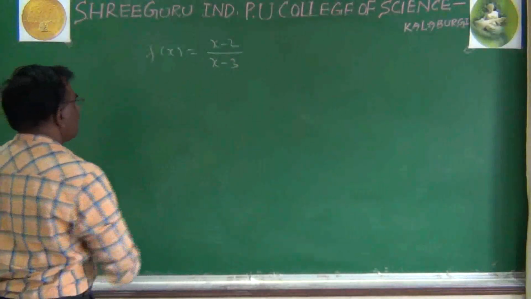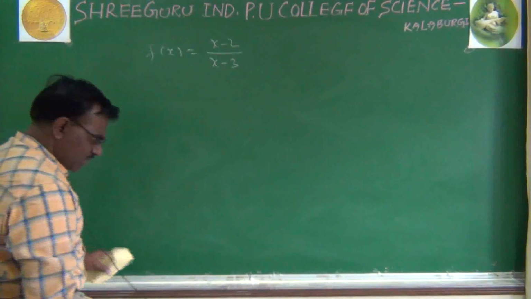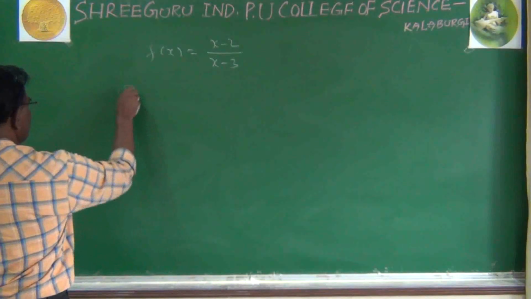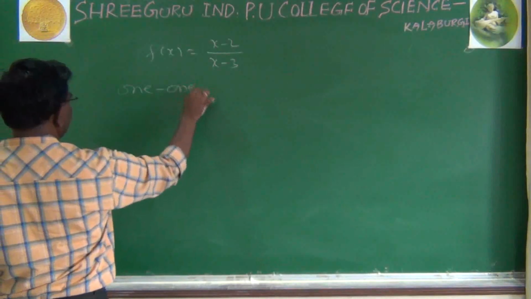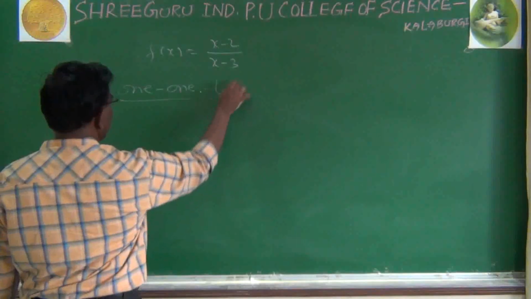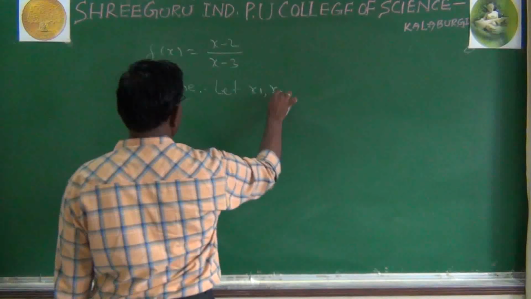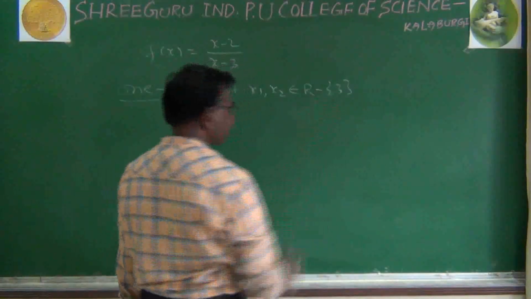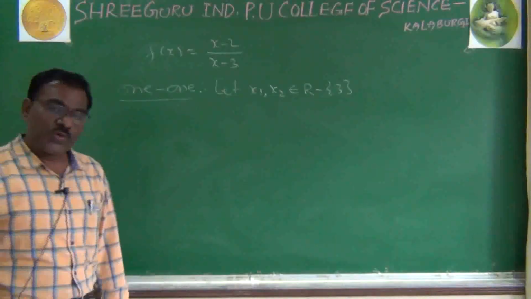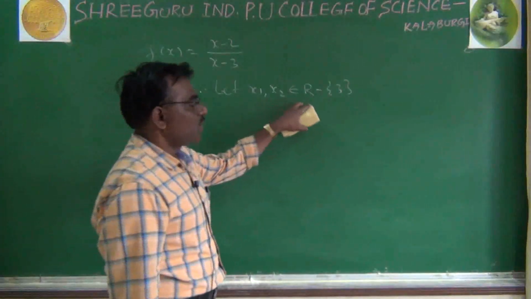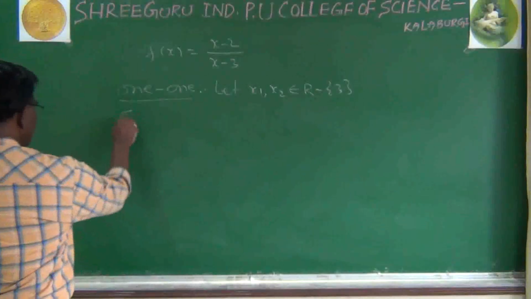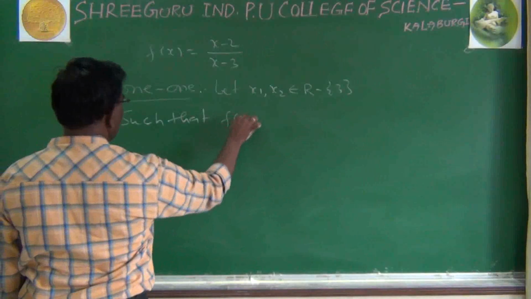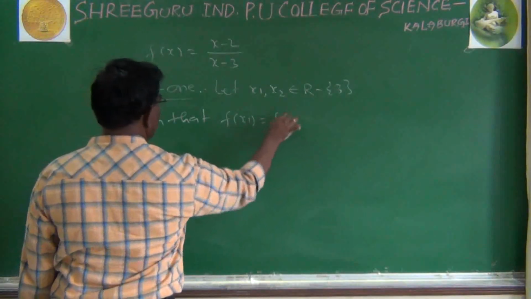Now start with one-one. It is other than 3, other than 1. One-one function: let x1, x2 belong to R other than 3, such that f of x1 equals f of x2.